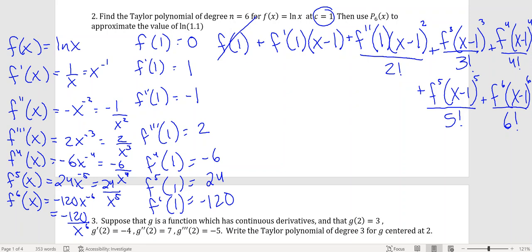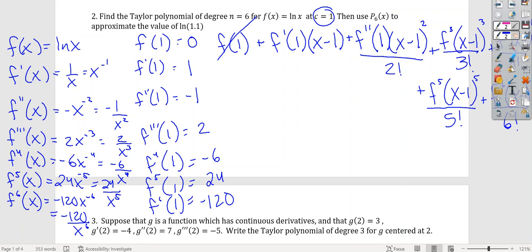And now everything else that I need to do is I just need to replace these values that we found into the formula. So I'm going to actually find my Taylor polynomial by replacing these. And I'm just going to be lazy and erase.